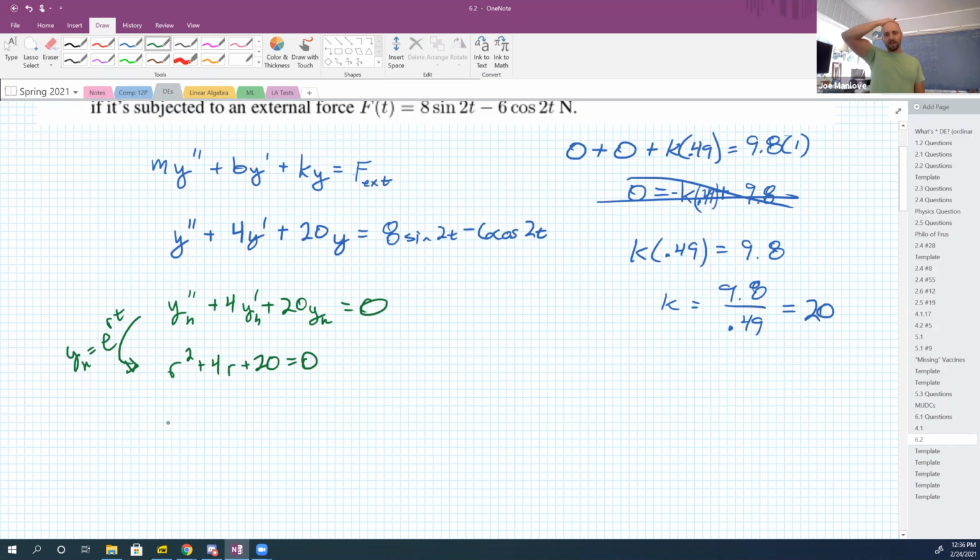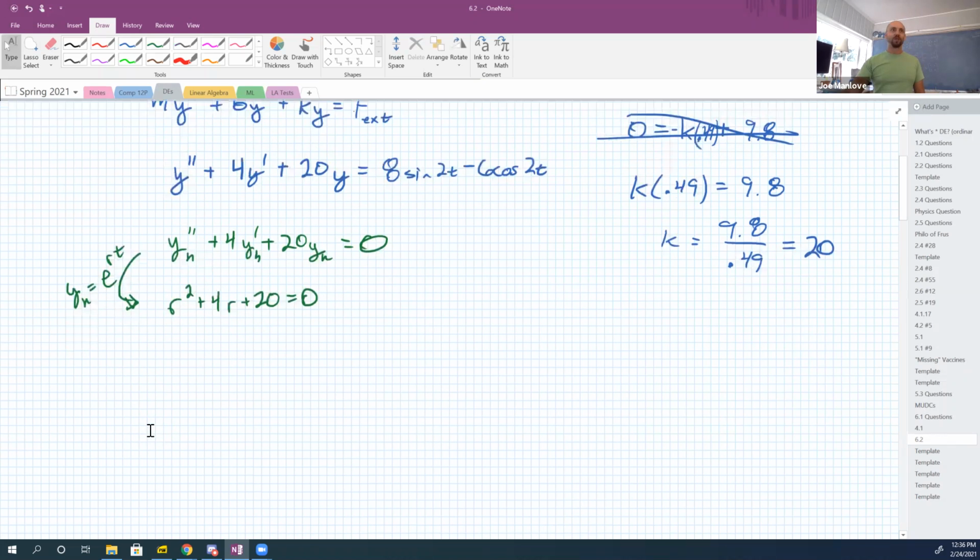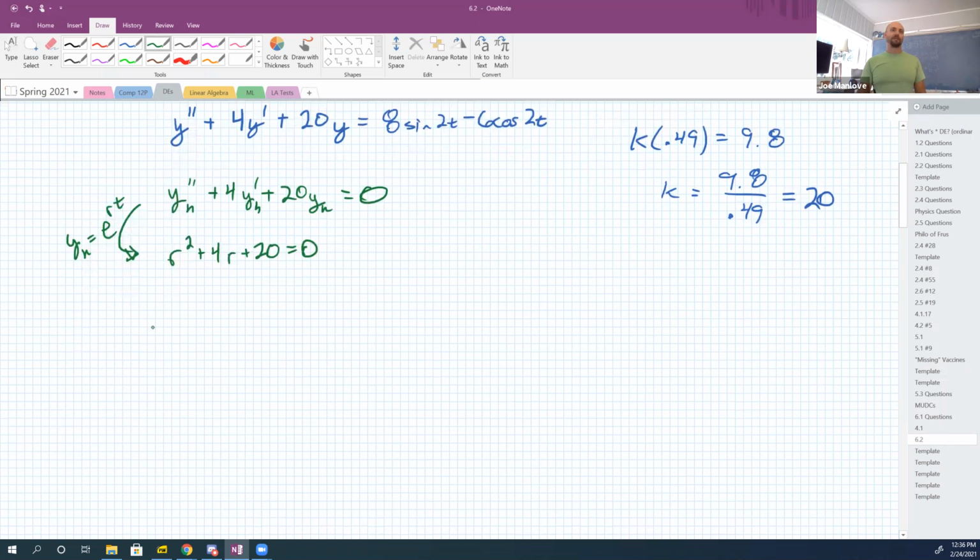How do you solve that? Oh no. Wolfram, baby. Perfect. Toss it in Wolfram, or your favorite quadratic formula calculator, or you could complete the square.